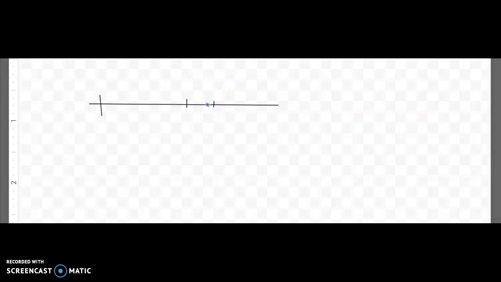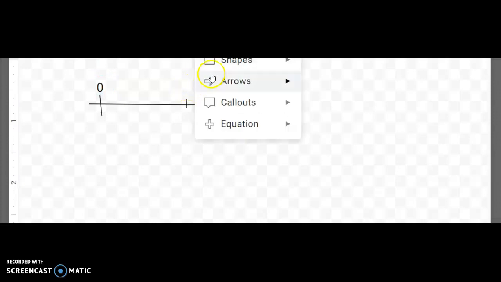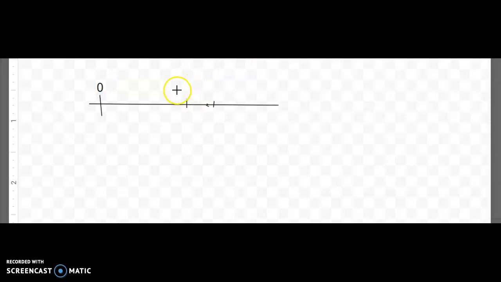I'm going to put my number right here. It's a 0. And right here is 5 and 2/3.